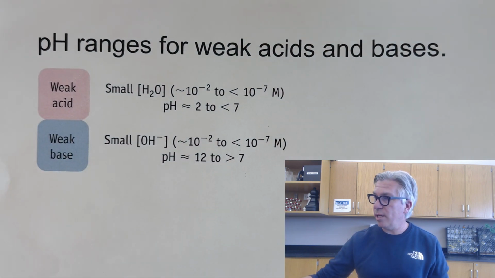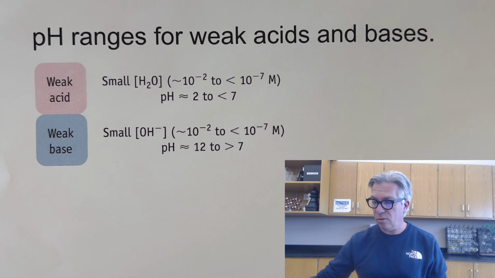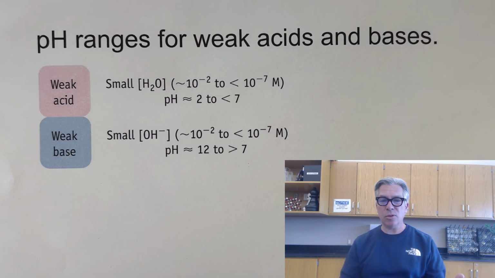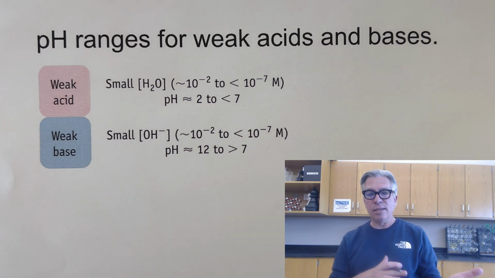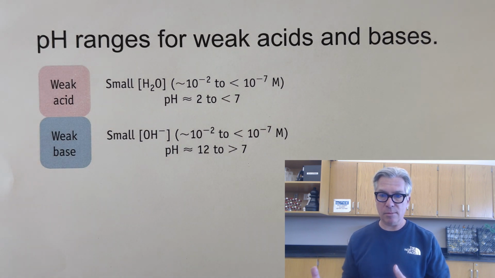And finally, pH ranges for weak acids and bases. So strong acids, if you have any reasonable quantity of the strong acid in your solution, you're going to have a low pH, somewhere between 0 and 2 maybe, but something pretty extreme. Same with strong bases. If you get sodium hydroxide in solution to any measurable degree, you're looking at 12 to 14 on the pH scale.